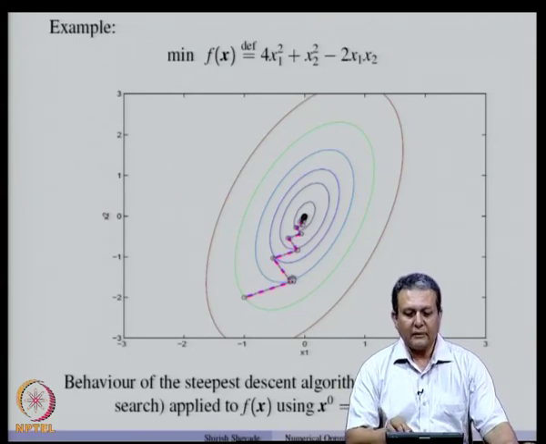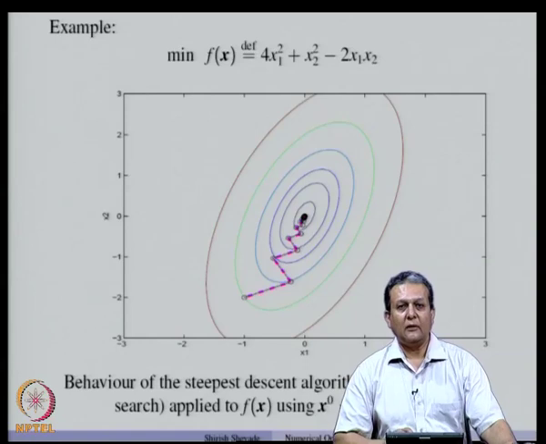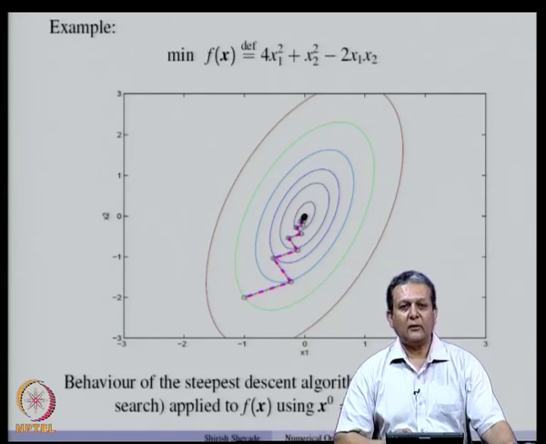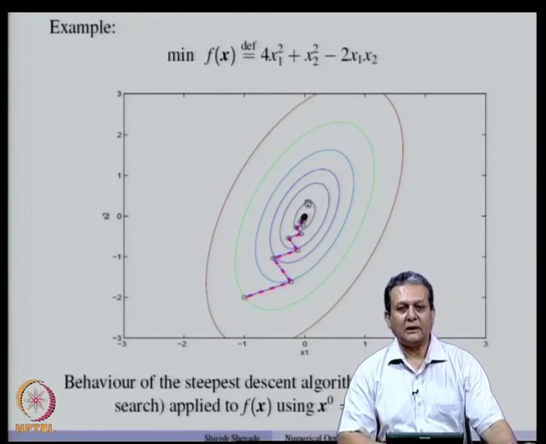Now, compare this with the one step convergence for the circular contours. So, if the contours were circular, starting from any point we could converge to the minimum in only one iteration, while here if the contours are elliptical, then we require more number of iterations.